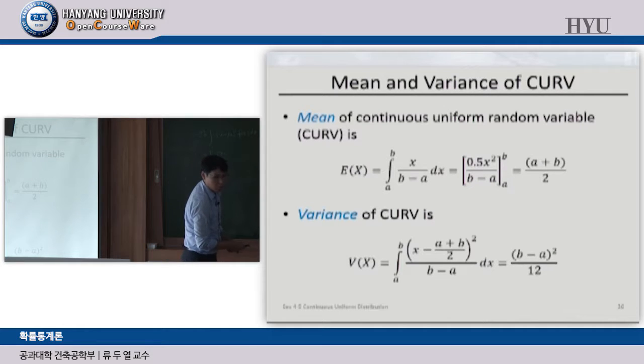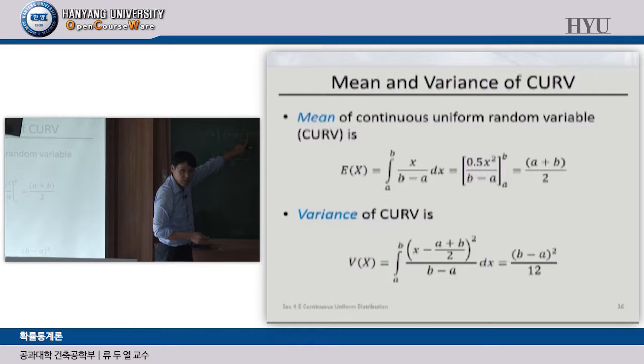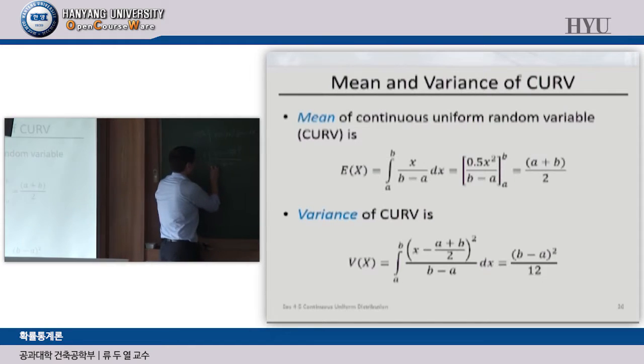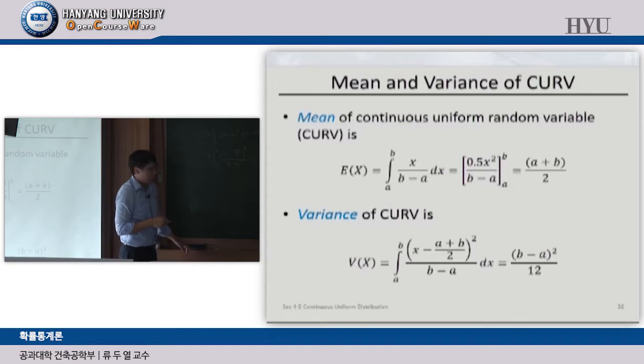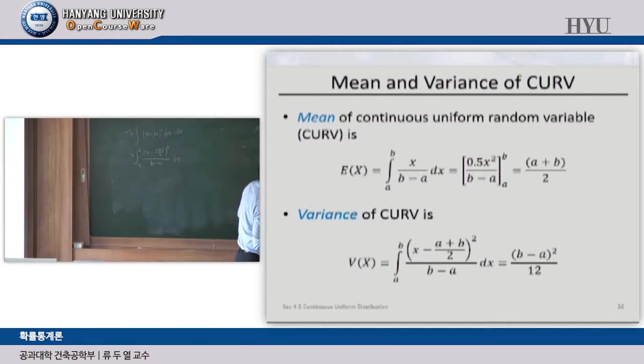That is (a plus b) over 2) squared, over b minus a, because 1 over b minus a is the probability density function in this case, right? So dx from a to b. Okay? So I'm going to solve this equation, to see how we can obtain (b minus a) squared over 12.